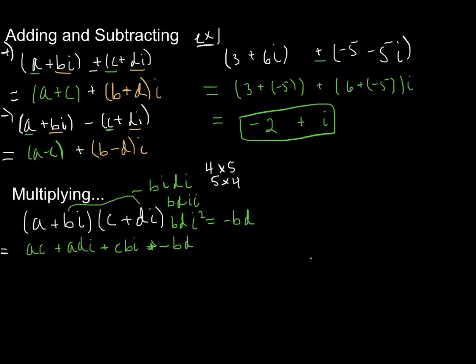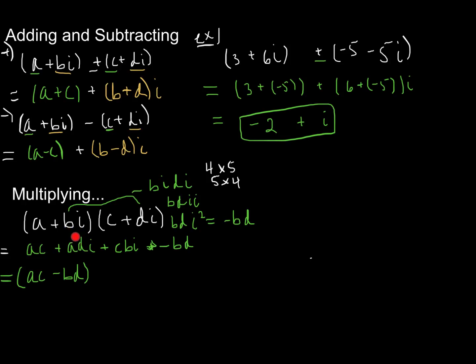So now we can collect like terms. These are both real numbers, so what we're left with is ac minus bd. That's the real part. The imaginary part, well, if I have a d i's plus c times b i's, let's just think about what that might look like.